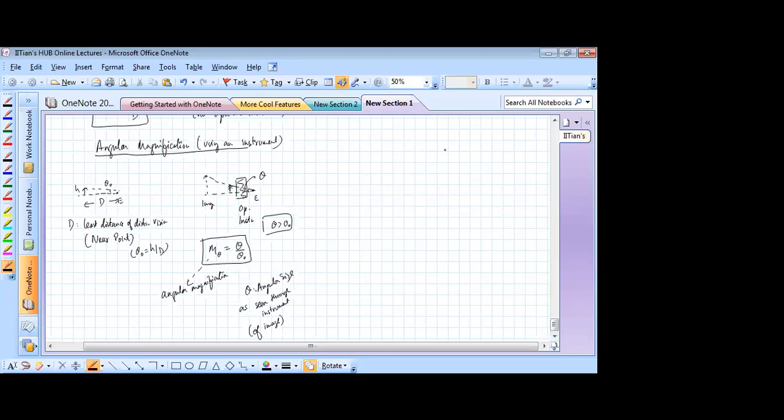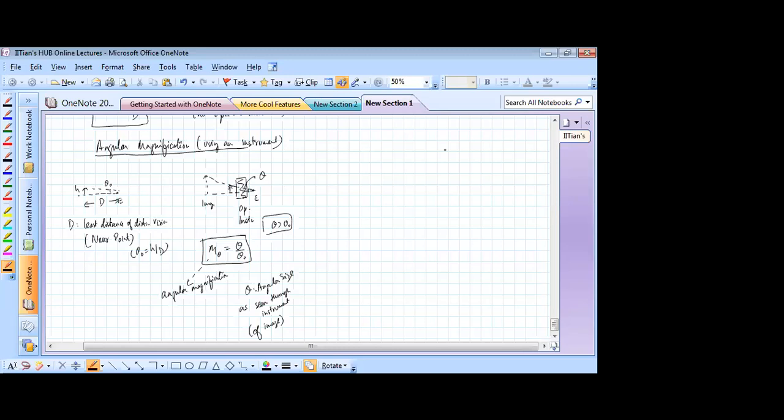The purpose of any optical instrument, starting from the simplest ones, which are your hand lens or magnifying glass, to complicated compound microscopes with multiple lenses, is just to increase the angular size of an object. Of course, electron microscopes work on a different principle, which is more complicated, using quantum mechanics.